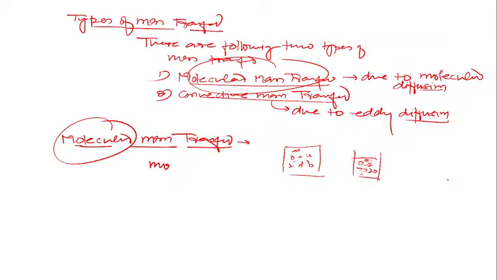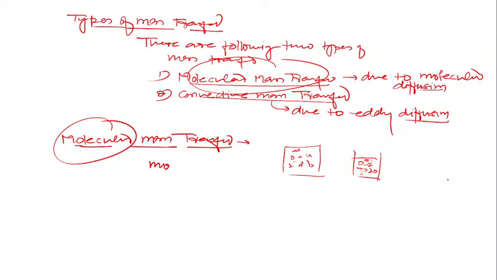Molecular diffusion is the movement of molecules through a substance by virtue of their thermal energies. Every molecule has some thermal and kinetic energy, and due to this the molecules move randomly. That random motion is called molecular diffusion.